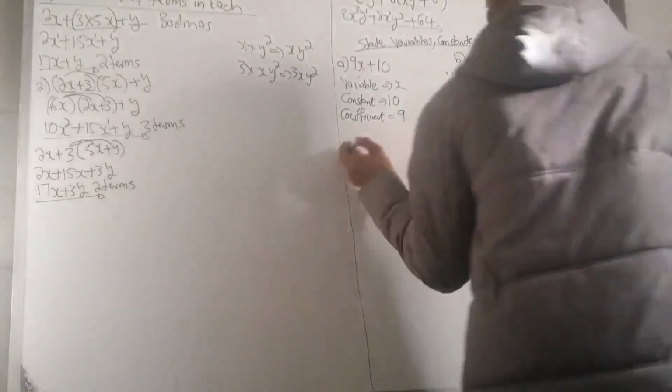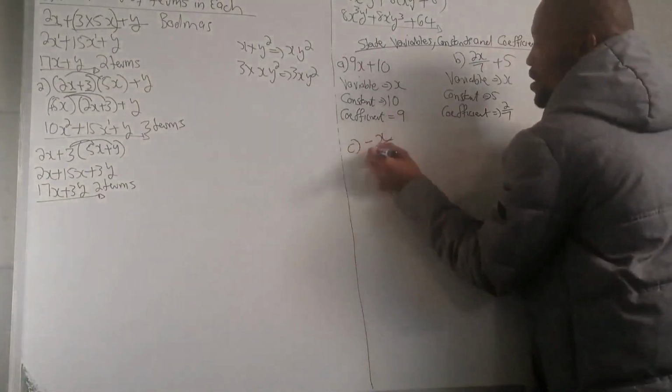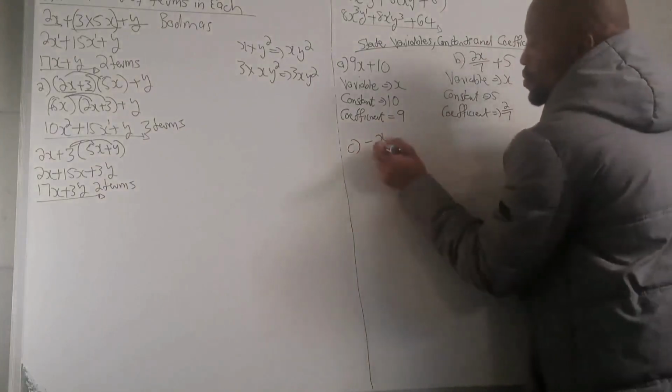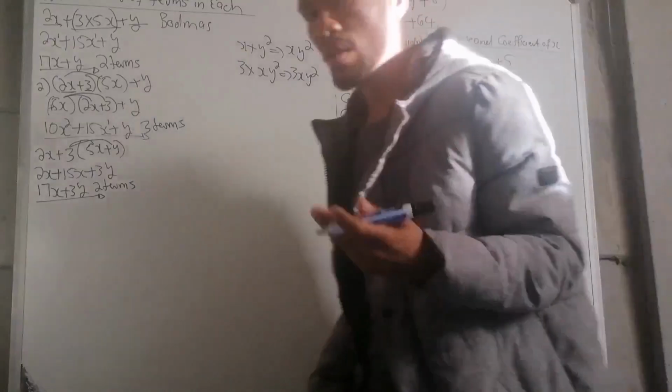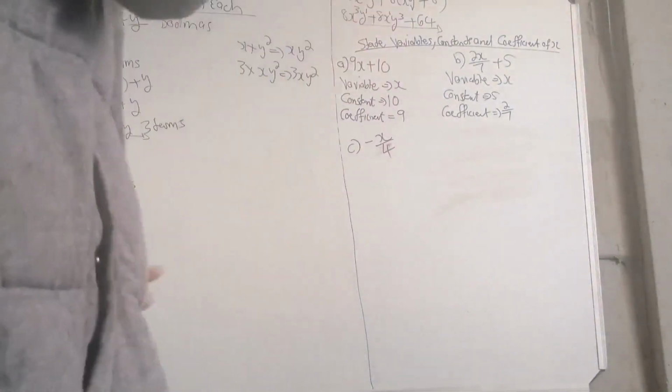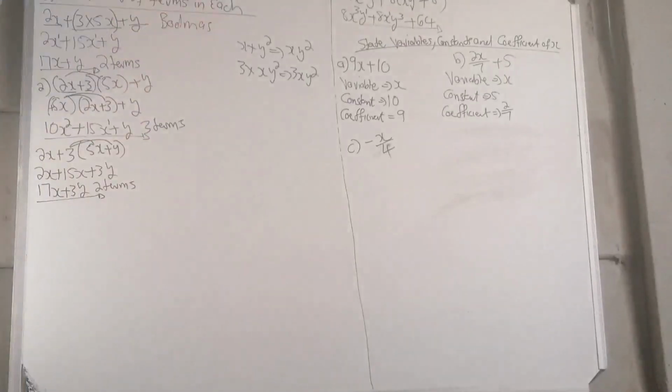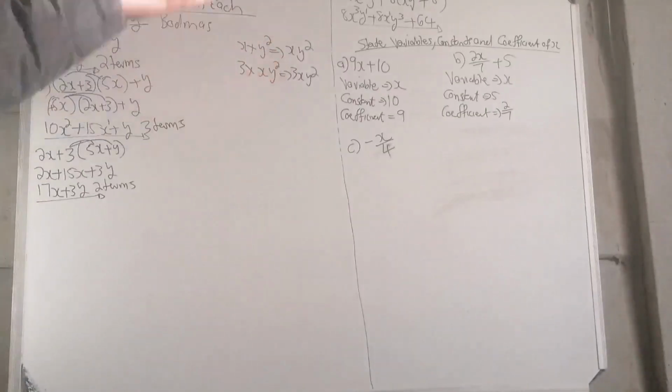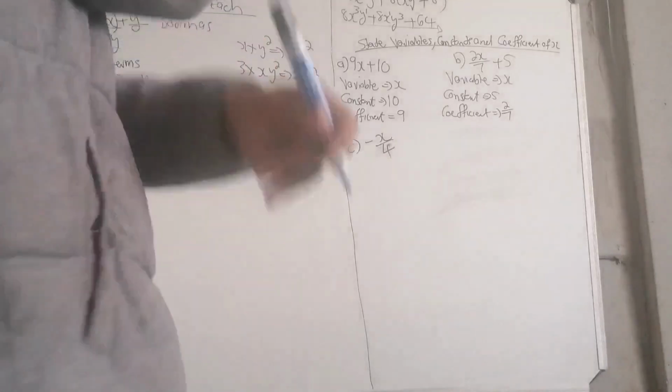Right. Let me provide you with this one. Negative x over 4. I want you to tell me what is a variable in that. I want you to tell me the constant number and also a coefficient. A variable.